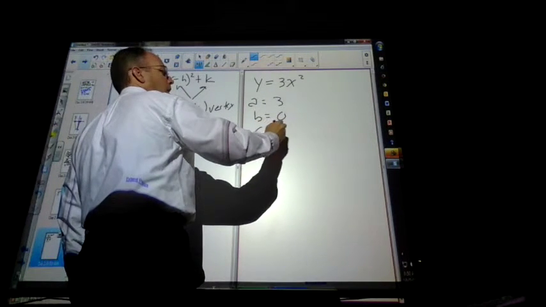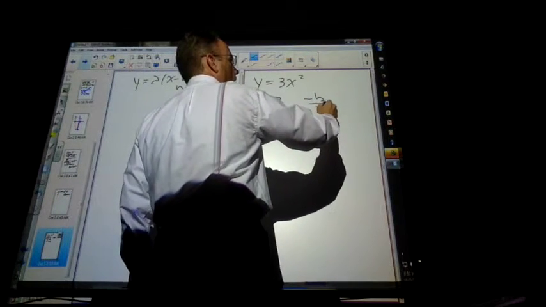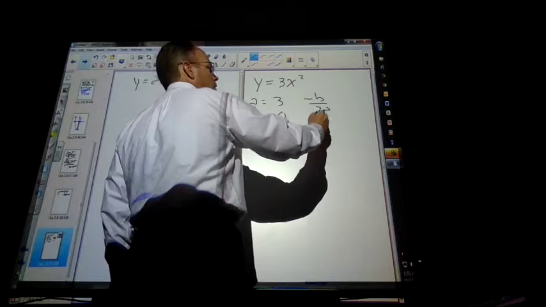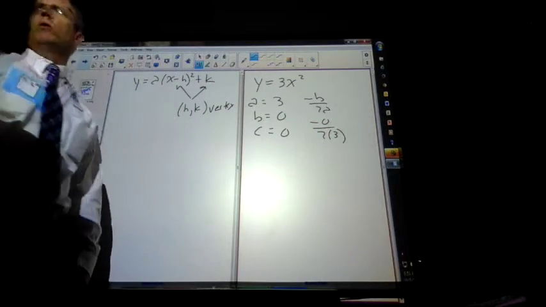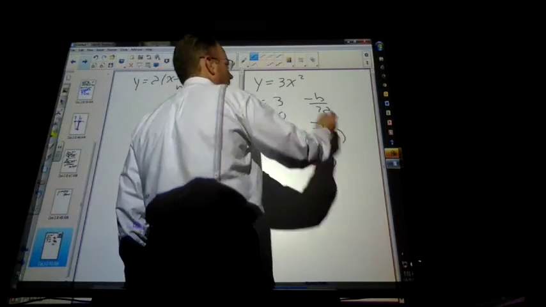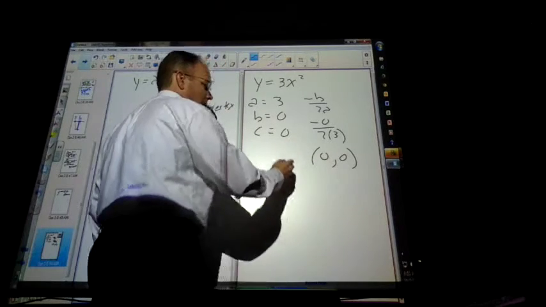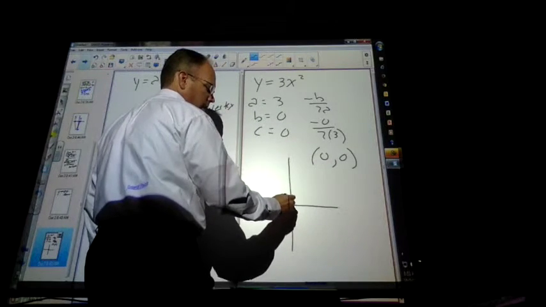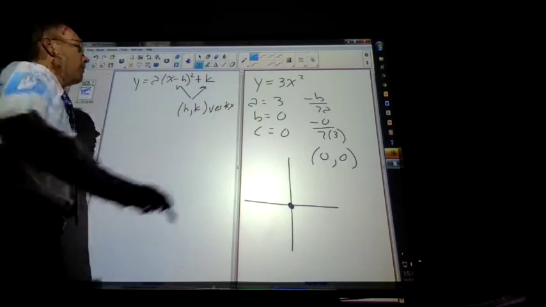It's not there. What's my c value? 0. If I went and said, what's negative b over 2a? Well, negative b over 2a is this. What's negative 0 over 6? 0. If I plug 0 back into this, what do I get as a result out? Where does it cross the y-axis? 0, 0.